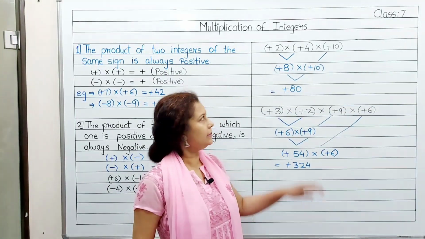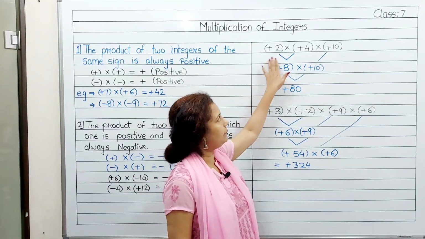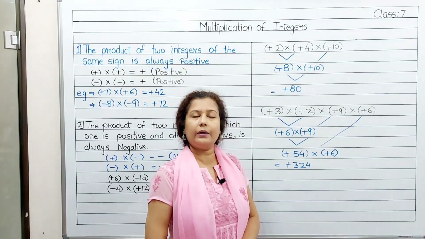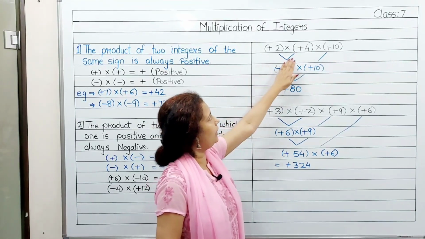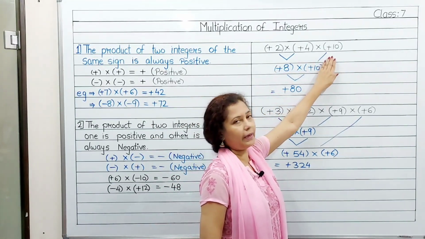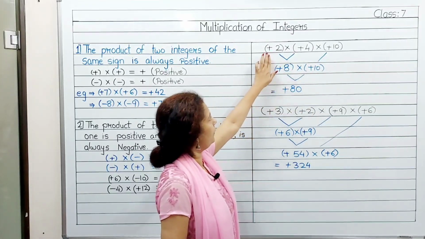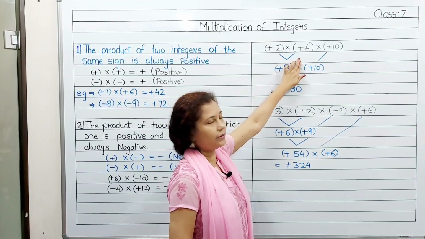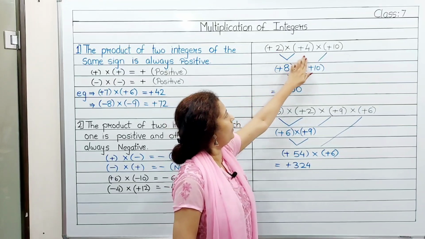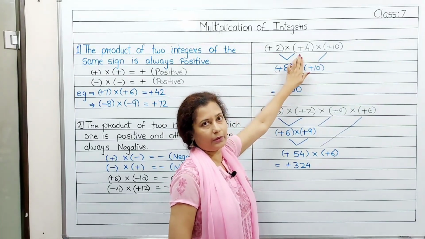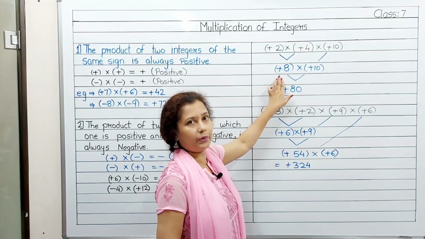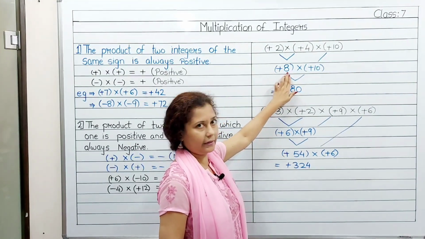Now few more examples. Now we will multiply three integers and all three integers are positive. So plus 2 into plus 4 into plus 10. So when we multiply first two numbers, 2 into 4 we get 8 and both the integers are positive. So the answer will be positive. So it will be plus 8.